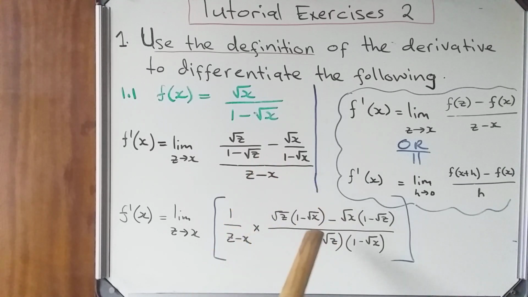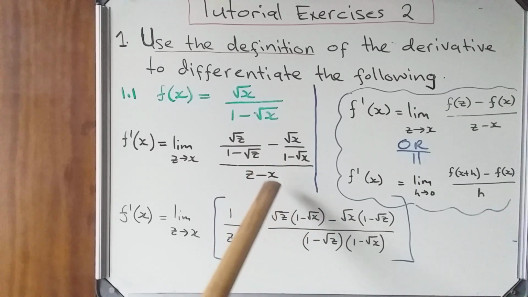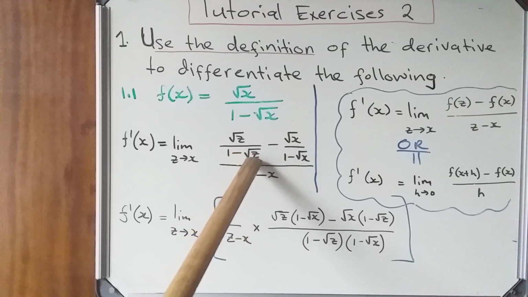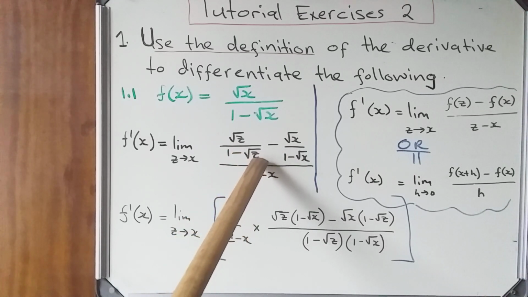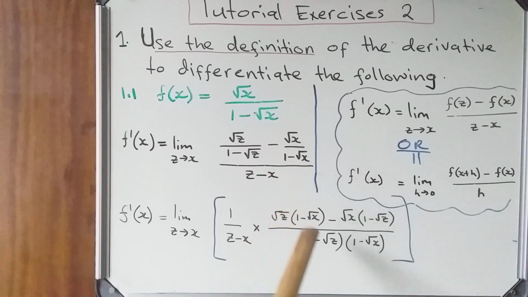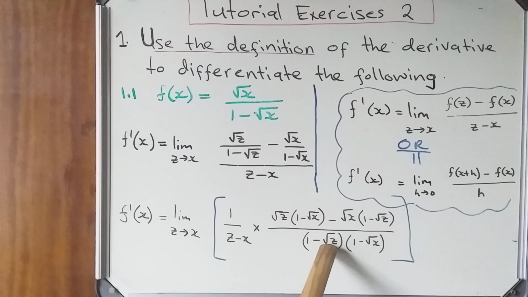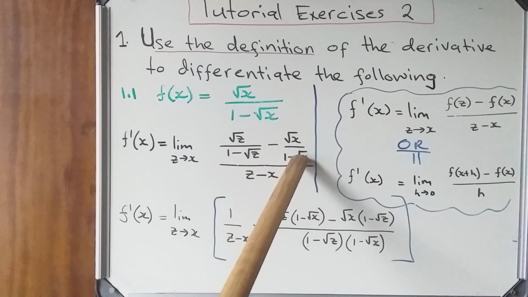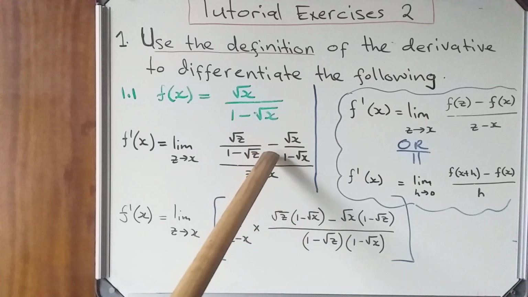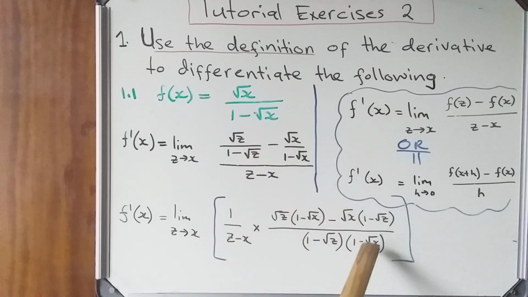It might be a simpler way. So I find the common denominator of 1 minus square root of z and 1 minus square root of x. The common denominator is just one multiplied by the other. Then we divide each denominator into the common denominator.